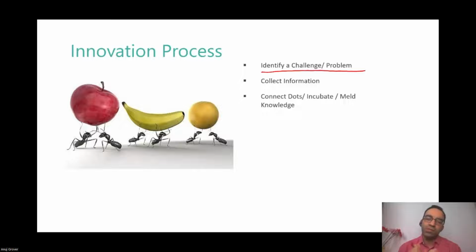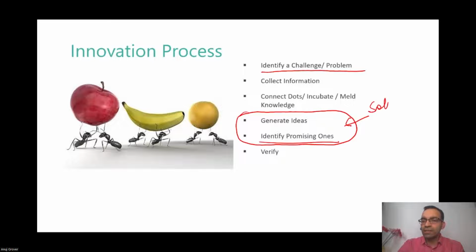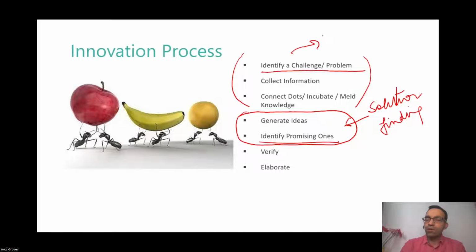So you just follow your instincts and pursue the directions which you find interesting, and generate ideas, identify the promising ones, and then you start to verify. So this generation of ideas and identifying promising ones is what we are talking about, the solution finding stage. Okay. So these first three steps are a part of problem identification.